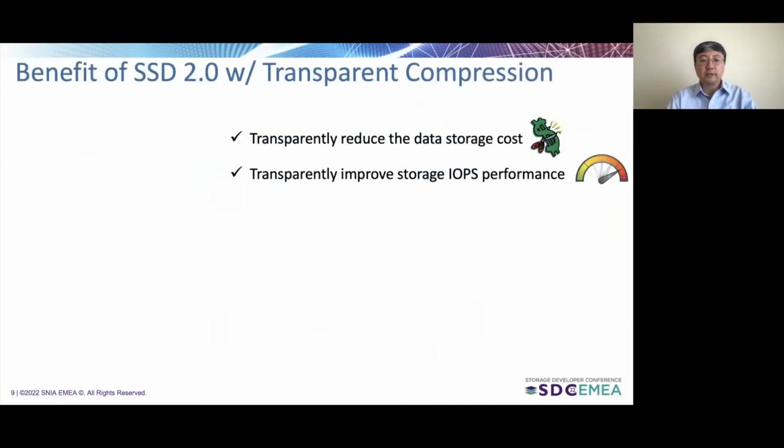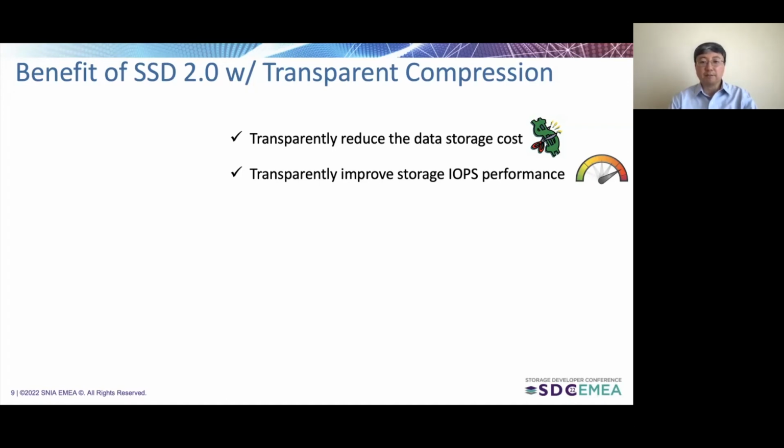Now let's look deeper into the benefit. To most people, in-storage transparent compression just means transparently reducing storage cost and transparently improving IOPS, nothing else. Initially, it was also what we thought. However, as we carried out further research, we more and more realized that it is far from the complete picture.